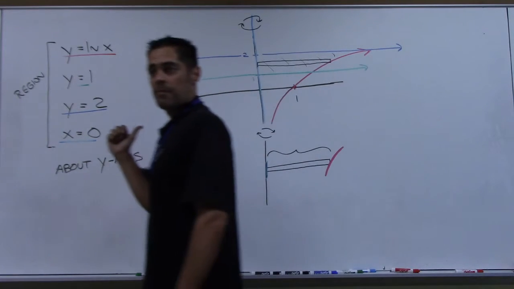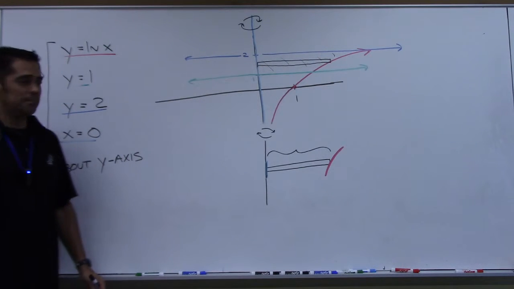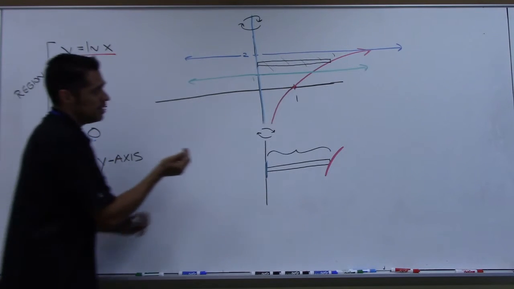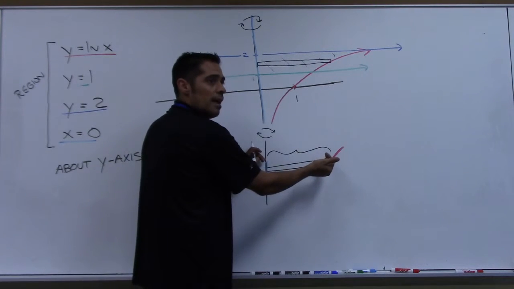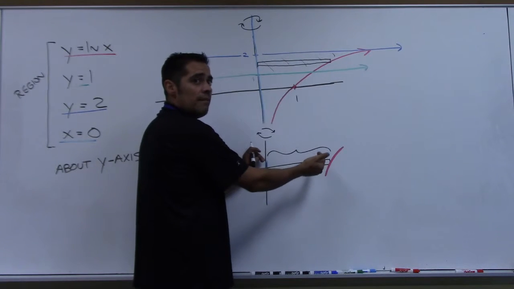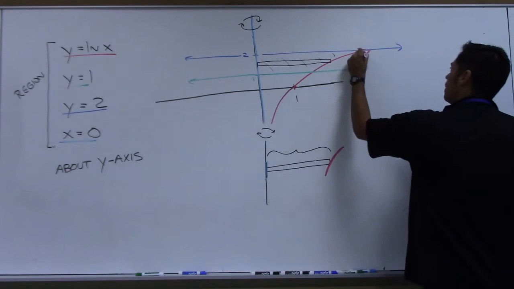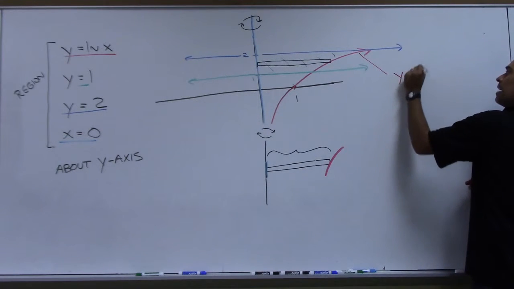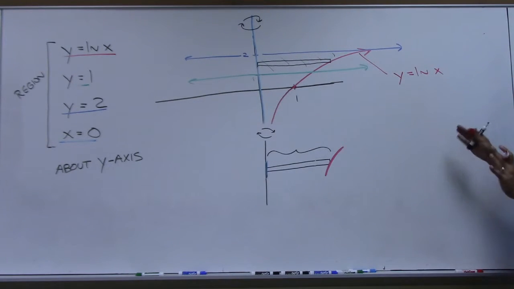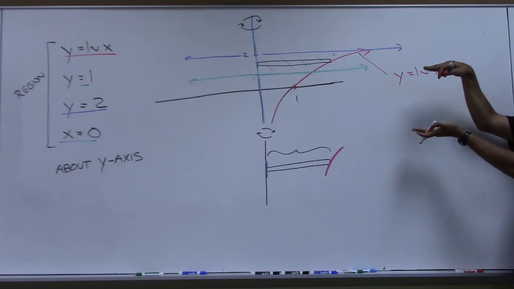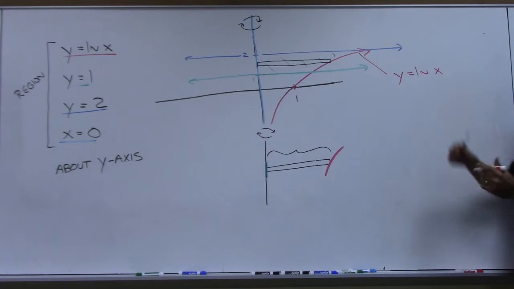Because we're going sideways, the distance from here to here has to be written as a function of y. The way the problem was presented, this was given as y equals natural log x. That would work perfectly if it was a vertical rectangle; the height would be natural log x. So how can I get this solved for x?